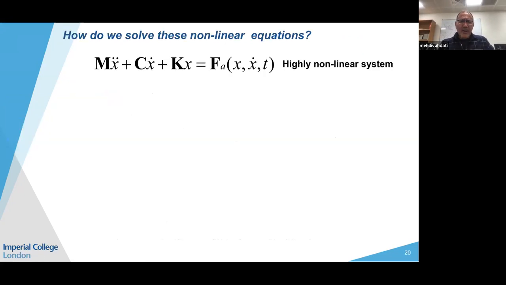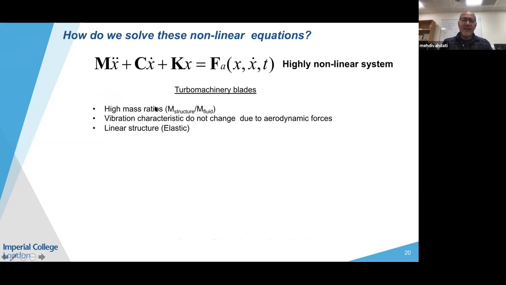So how do we solve this equation? This equation is highly nonlinear, as I said before. This side of the equation by itself requires very big unsteady URANS CFD computations at the very least. And this term on the left-hand side is usually done in an FE using the finite element method.